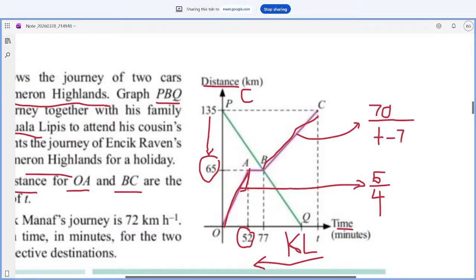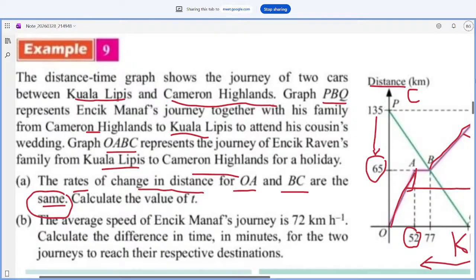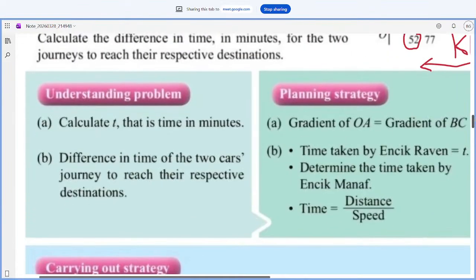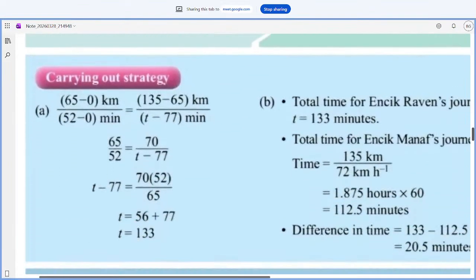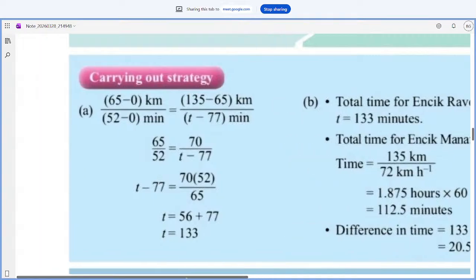Very good. So basically, you have these two, so what do you do? They say the gradients are the same, so equate them. Just equalize 70 over T minus 77 equal to 5 over 4. You can compare directly. So this is your answer: if you solve, you should get T equal to 133.